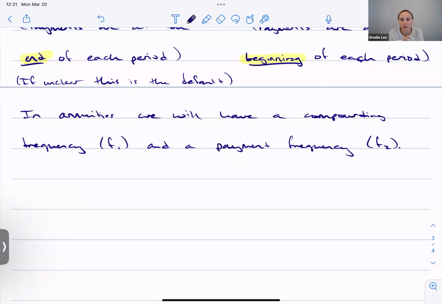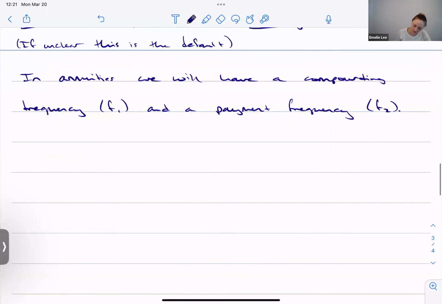Now, if F1 is not equal to F2, right, then you need to calculate I2. Okay. But as a first step, right, I would suggest just always calculating I2.